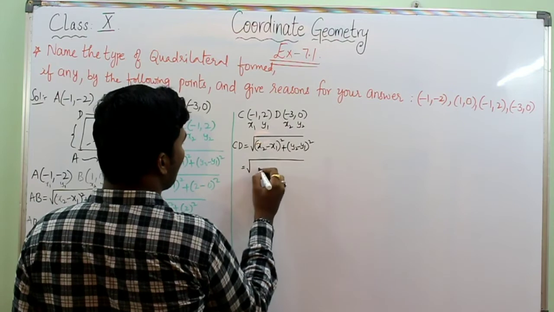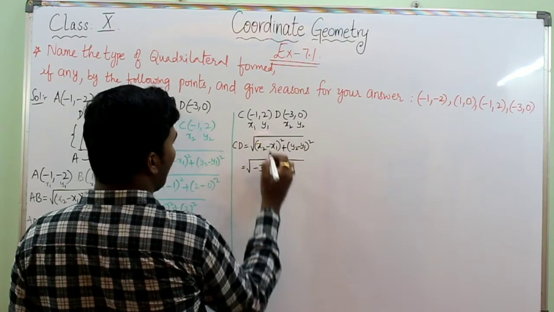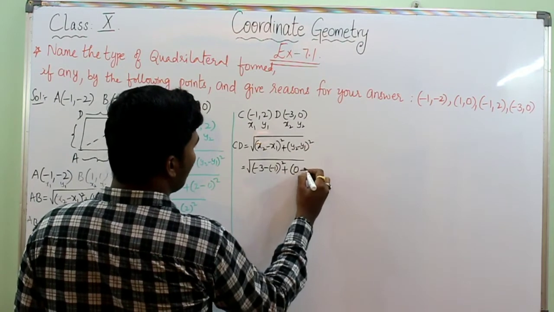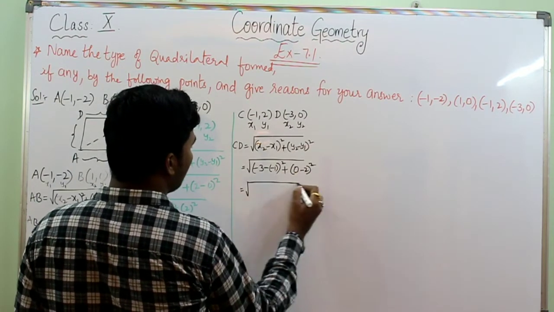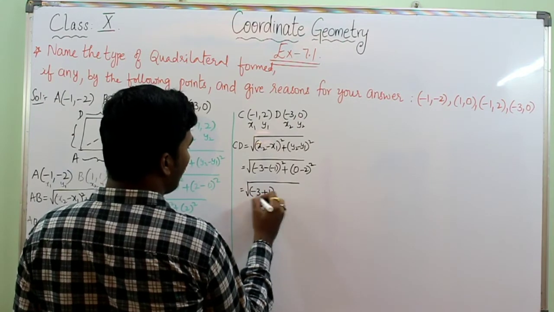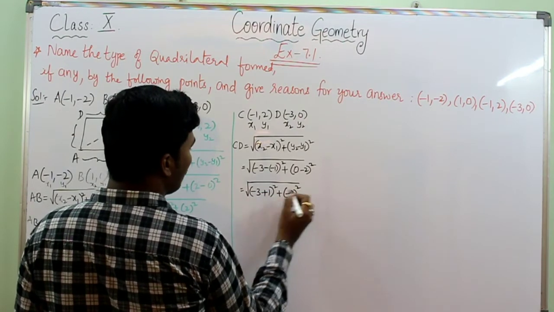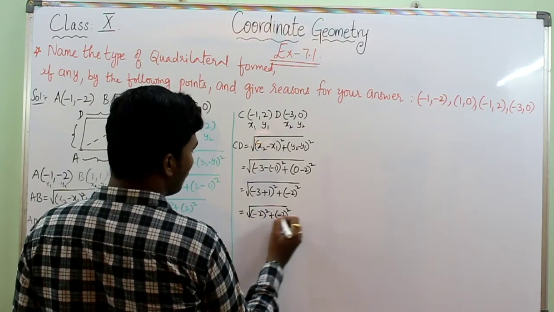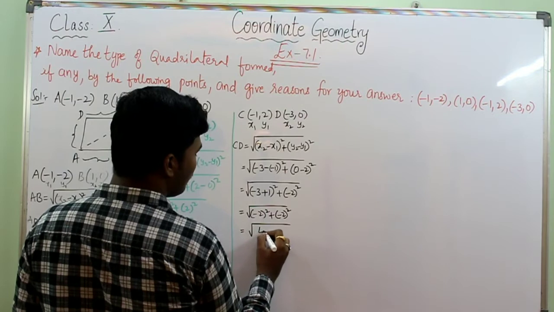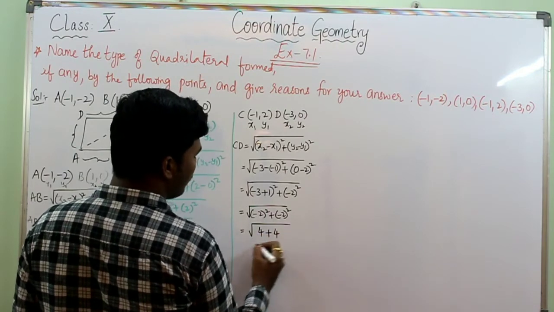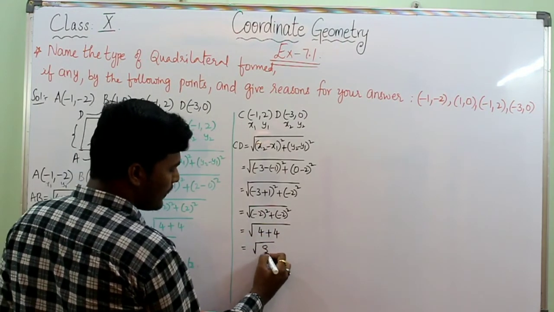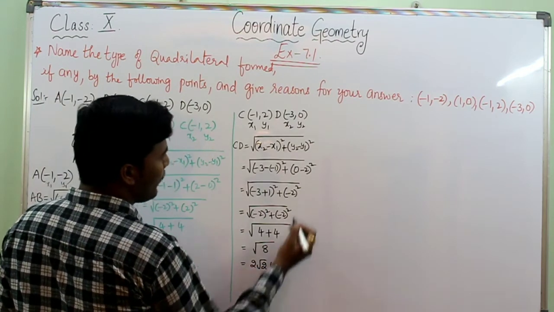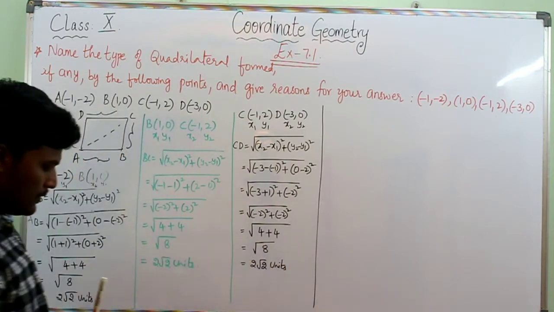This implies (-3 minus (-1)) whole square plus (0 minus 2) whole square, which implies (-3 plus 1) whole square plus (-2) whole square. This implies (-2) whole square plus (-2) whole square, 4 plus 4, this is square root of 8. Again we can write it as 2 root 2 units. Now we found the third one, that is CD.